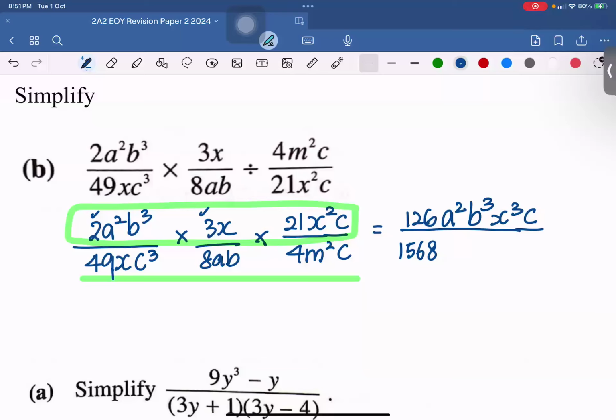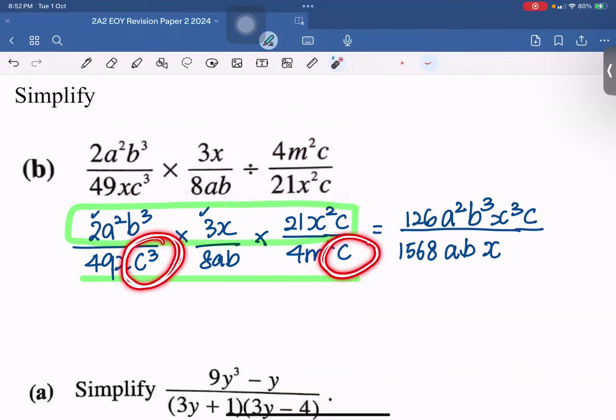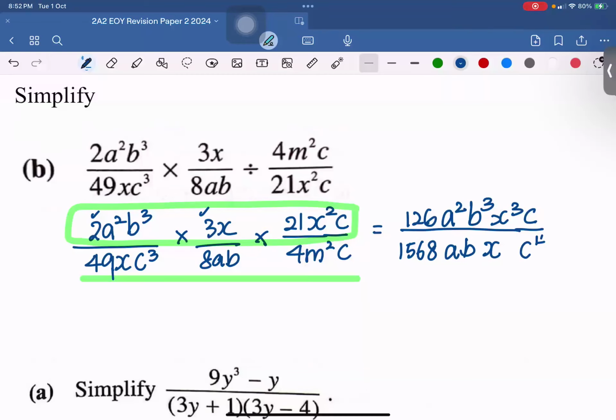So this one only has A. Letter B only one B. Letter X, 1. Letter C, 4. C4. Still one more letter: the M square. So don't forget M square.